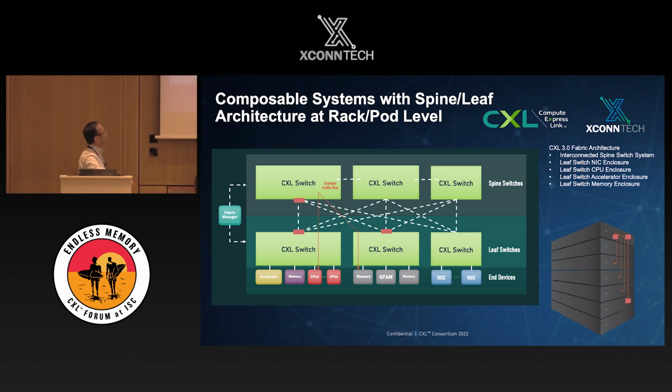And you also see multiple devices like accelerators, CPUs, memories, NIC cards, all connected through the CXL switch. We believe this is the future for computing, especially as CXL provides cache coherency and a very high-speed, very efficient connectivity between all these heterogeneous computing units.